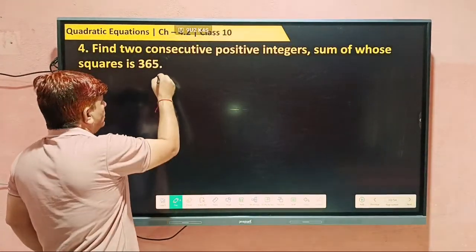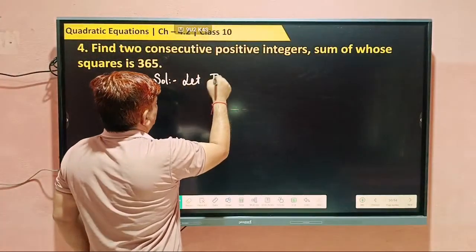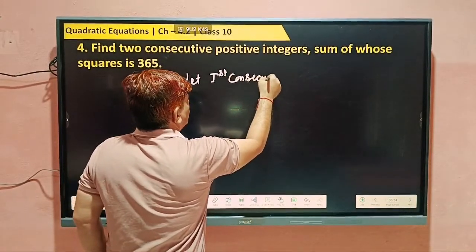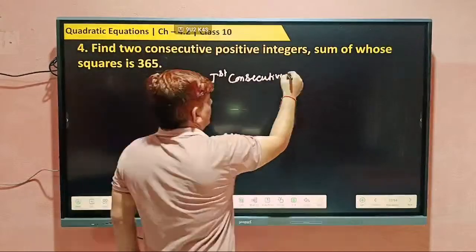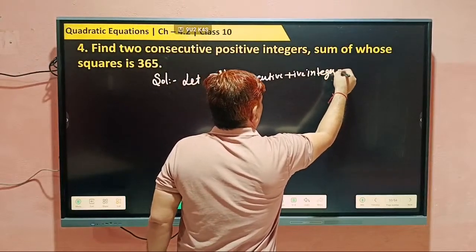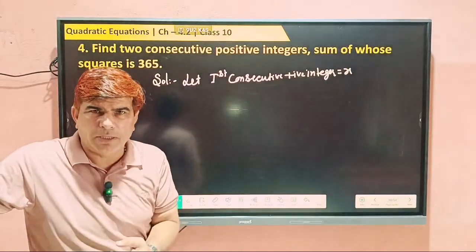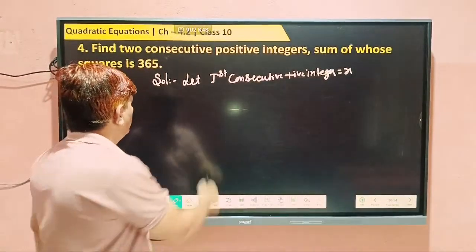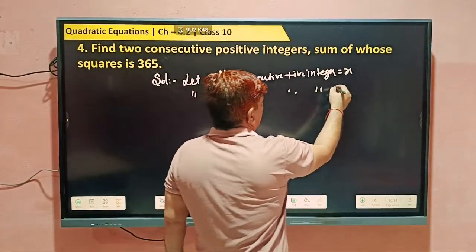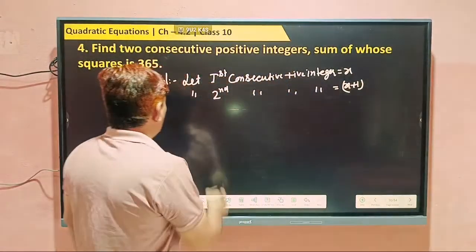Let the first consecutive positive integer be x. For the second, there are two possibilities, you can write x minus 1 or x plus 1. It depends on you. Let the second consecutive positive integer be x plus 1.